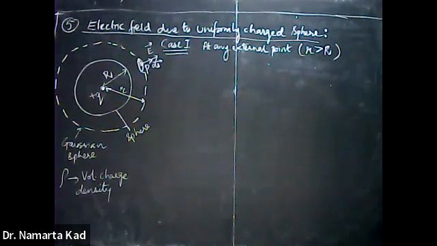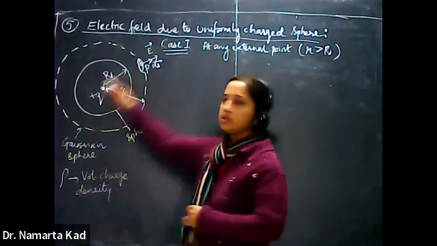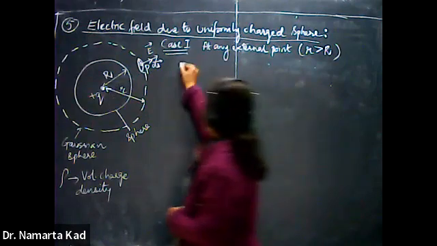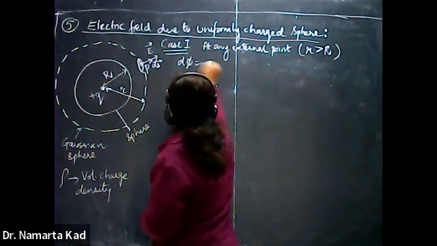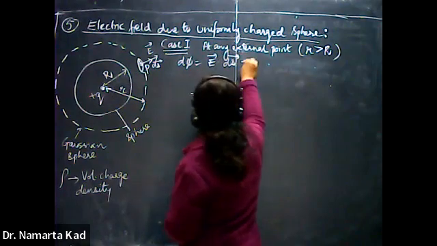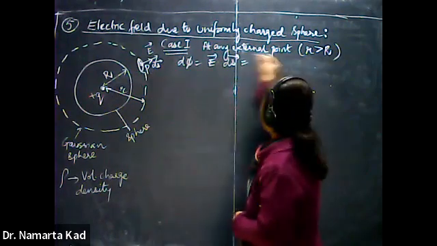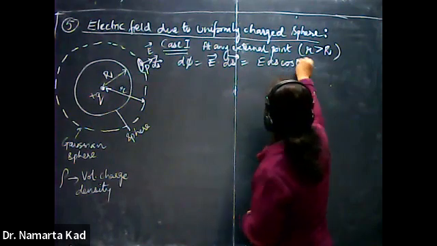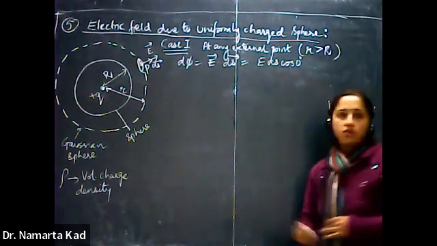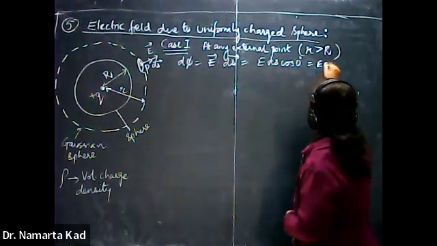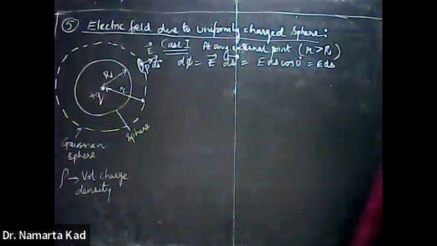Hence d phi comes out the same as we did in our first application, for the point charge. So here d phi equals E dot ds, and both are pointing outwards, so it comes out to be E ds cos 0 degrees, and cos 0 degrees is 1, so it comes out to be E ds.